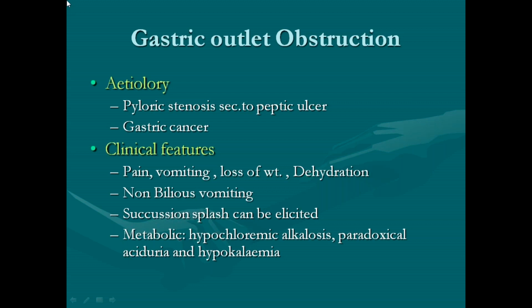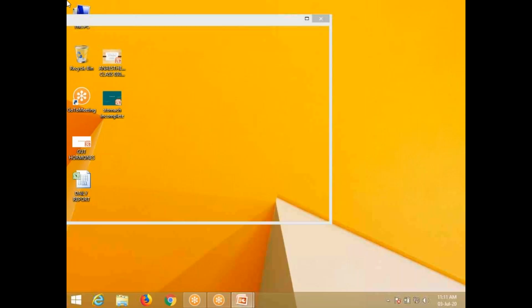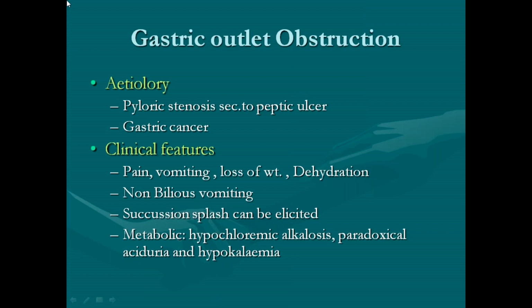Then the high bicarb tries to go away in urine with the help of sodium. Then hyponatremia sets in. Because of hyponatremia, the kidneys try to retain sodium, because of which potassium and hydrogen ions are excreted. That is the reason why there is paradoxical aciduria and hypokalemia.